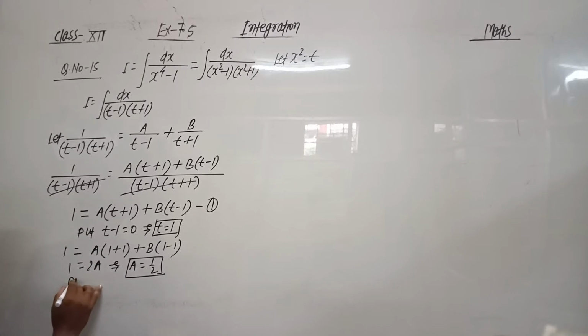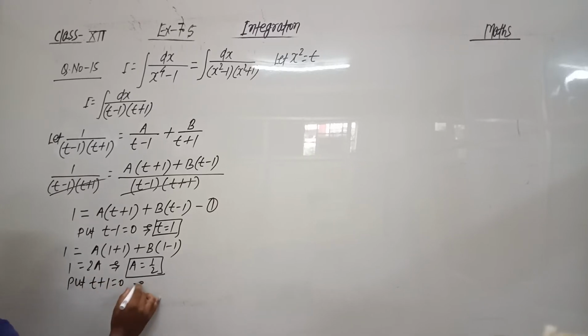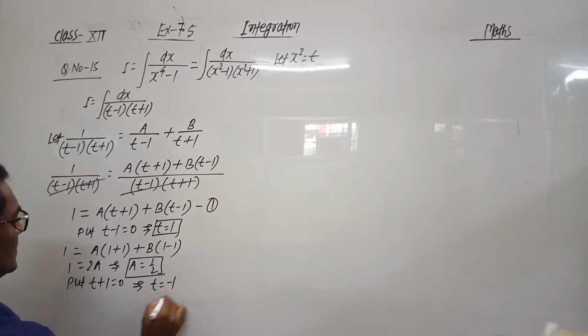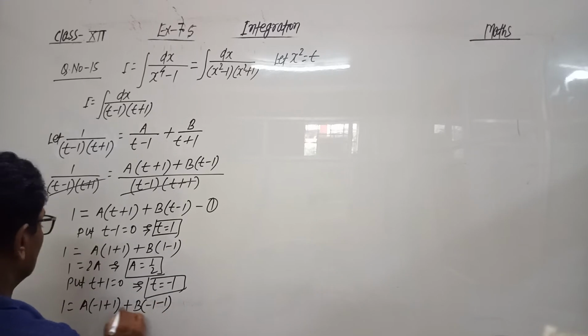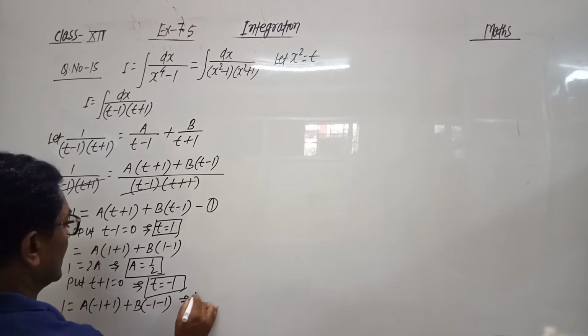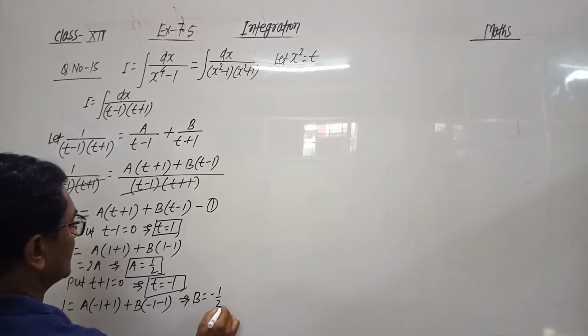Then put t plus 1 equals to 0, and we get t equals to minus 1. So 1 equals to a into minus 1 plus 1 plus b into minus 1 minus 1. So this term becomes 0, and minus 2b equals to 1 and b equals to minus 1 by 2.